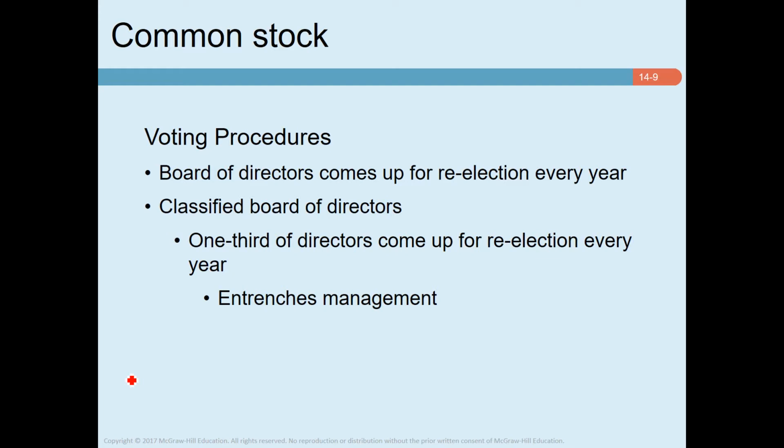Cumulative voting makes it easier for a minority group among the stockholders to elect directors who will represent the group's interest. On many issues, a simple majority of votes cast is sufficient to carry the day, but the company charter may specify some decisions that require a supermajority, say 75% of eligible votes. For example, a supermajority vote is sometimes needed to approve a merger.